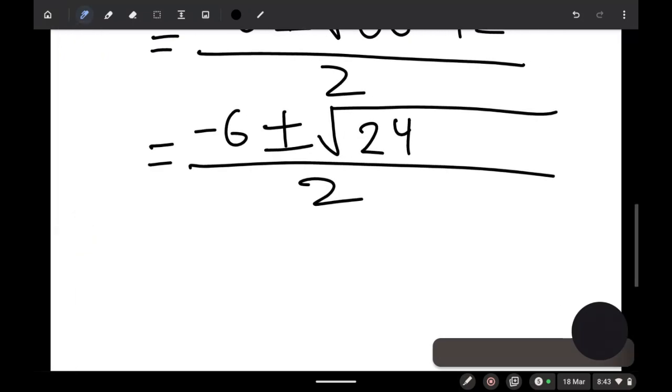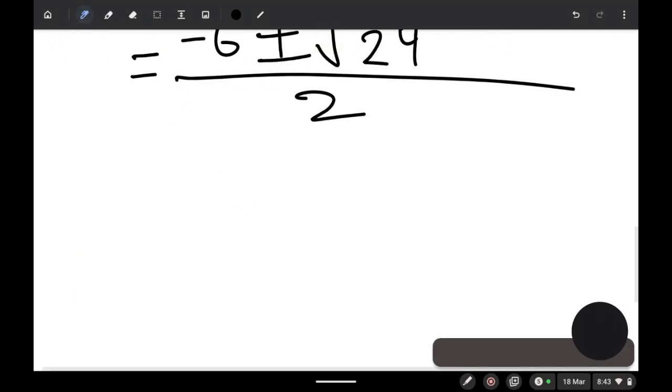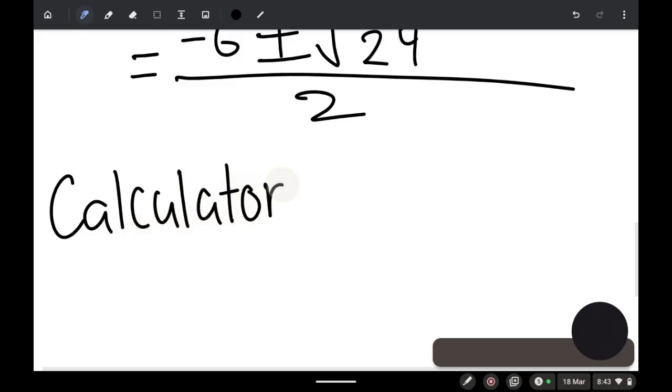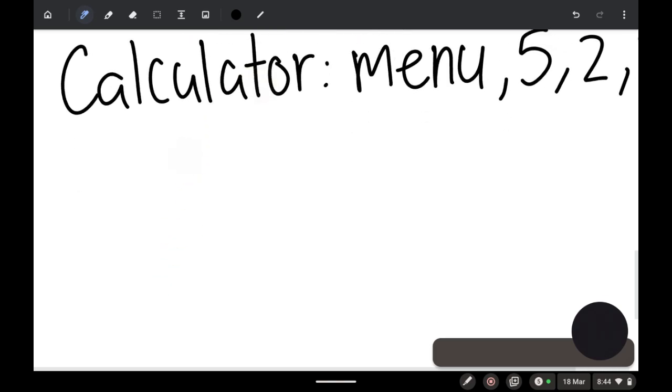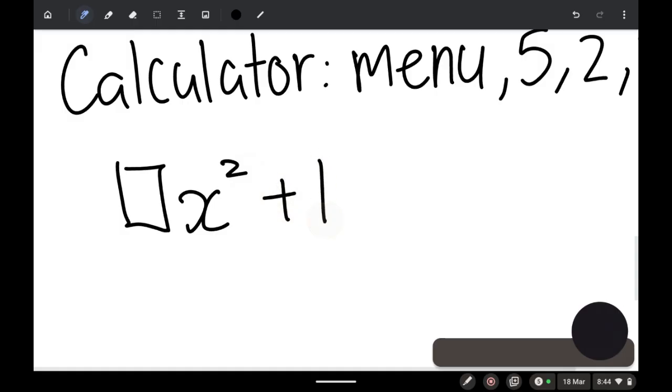Okay. I want you all to pull out your calculators. I want you to turn it on. I want you to press menu. Then after that, press 5. Then press 2. Then press 2. You should be seeing something like this: x squared plus x plus.